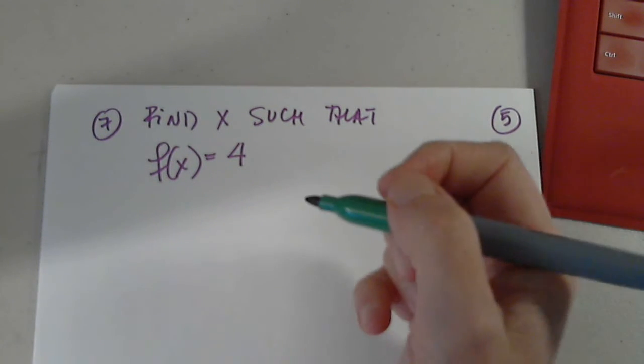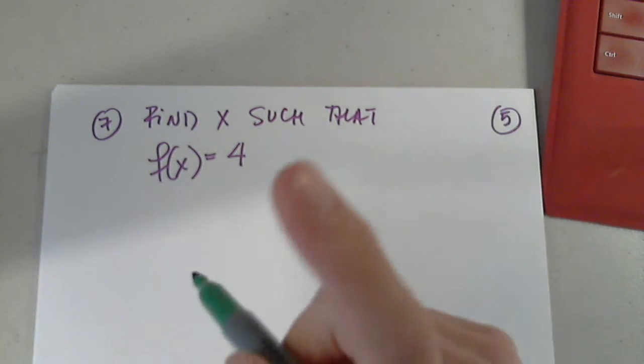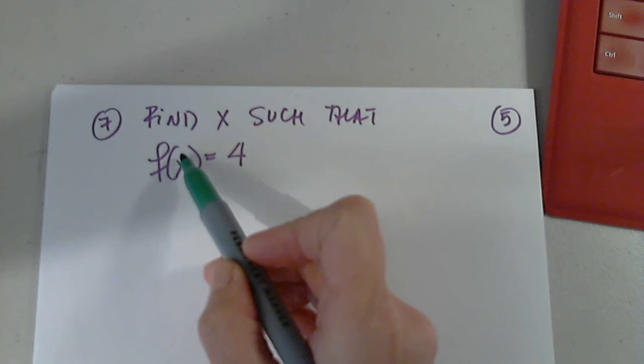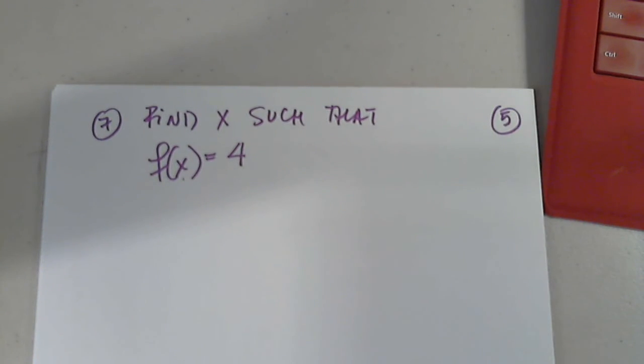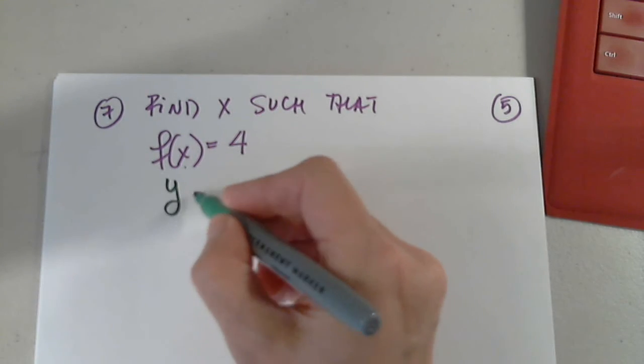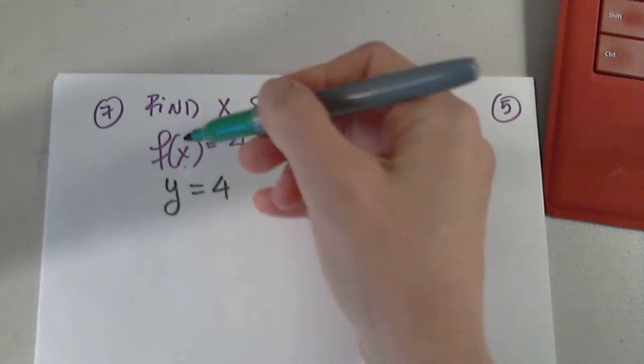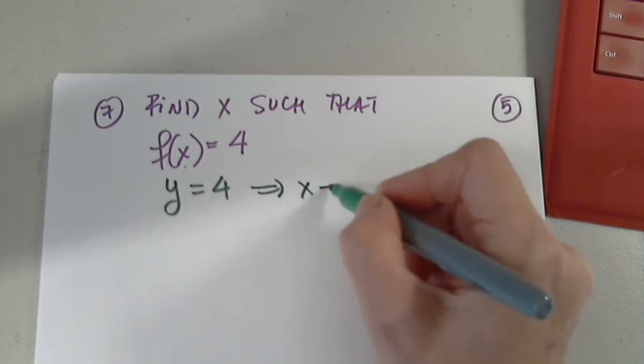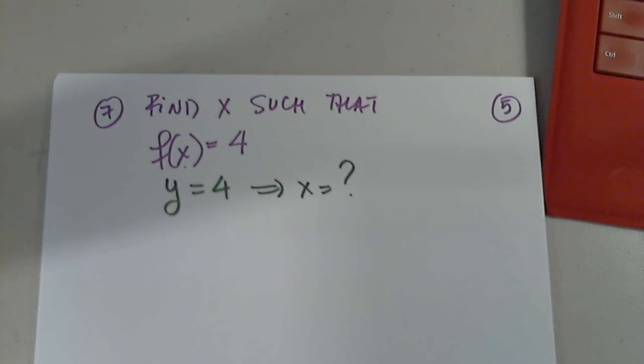Find what y is when x is 4? No, because I don't have 4 inside. Oh, you're asked to find what x is when y is 4. Exactly. Y, or f of x, is 4, and I'm asked to find the independent variable now.